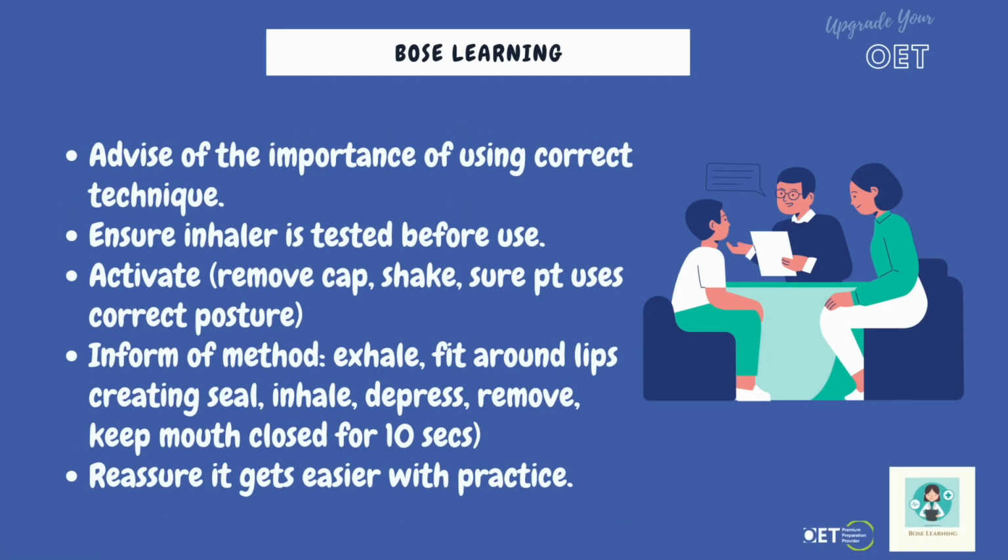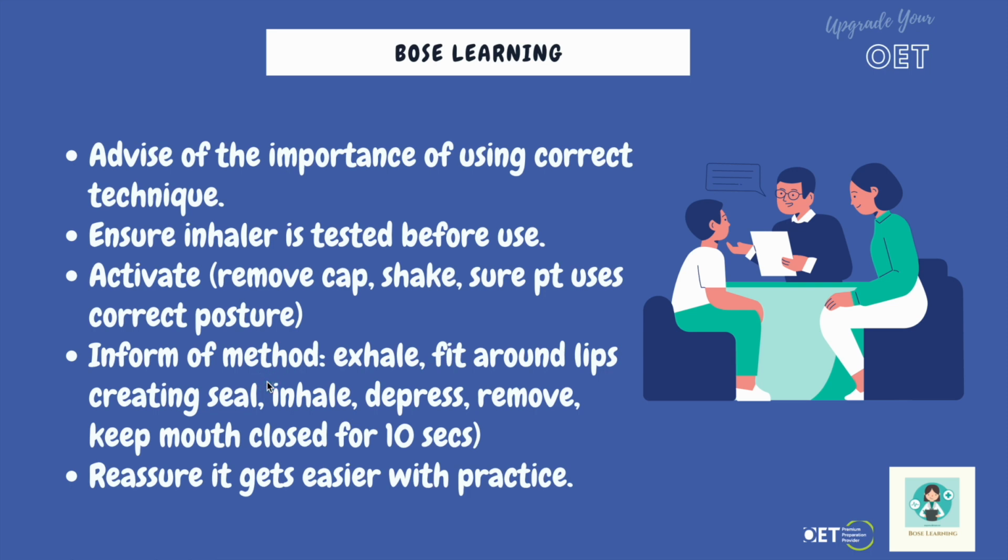And we can imagine that an OET task card in your roleplay might look something like this. You might be asked to advise of the importance of using correct technique, to tell your patient that they must ensure the inhaler is tested before use, that they should activate it, and they give you some examples here: removing the cap, shaking, make sure the patient uses the correct posture.